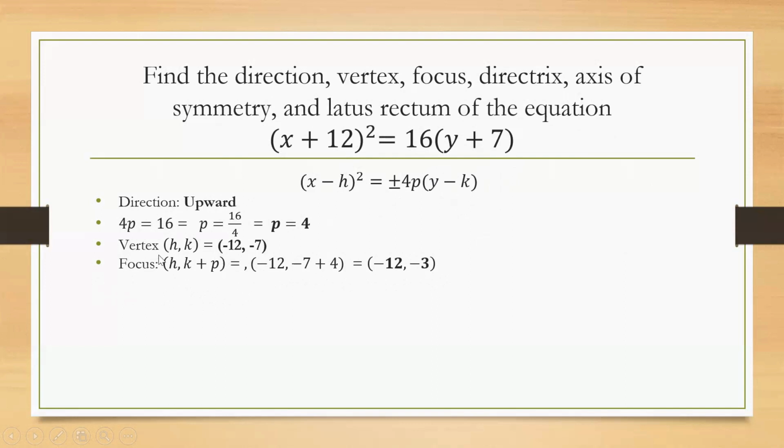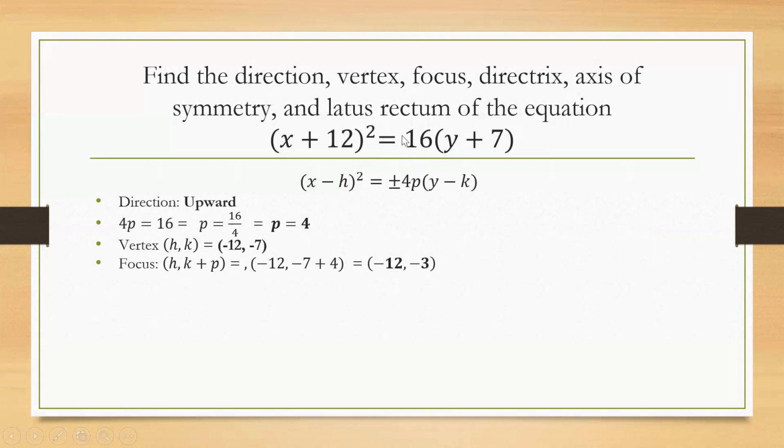So we'll follow this h comma k plus p. So by the way, for our previous examples, it was k minus p, or it was h minus p. Right now, it's k plus p because we will follow the given for p.